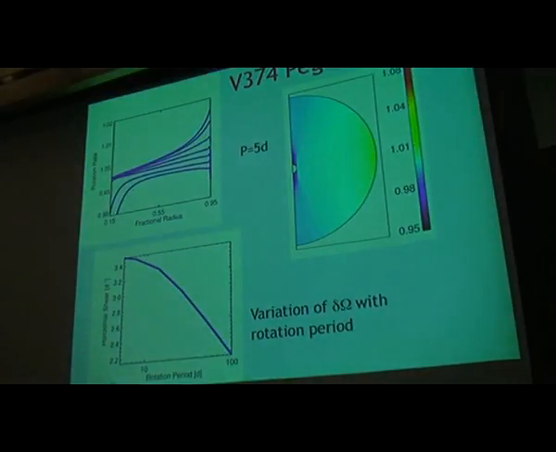So the result we get from this model for the M star, this is 0.3 solar masses, so it's from an actual model that was made to fit the observational parameters for the star. We get something like this. This structure here is artificial because there's a hole here.